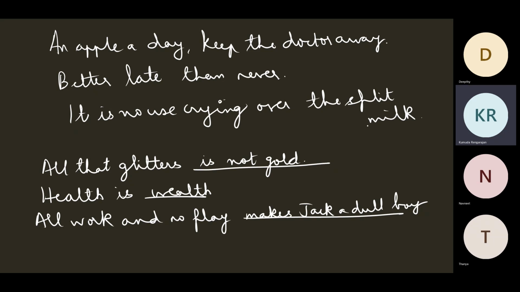It's gone, meaning you've made a mistake. Don't cry over that. Correct yourself. See to it that you don't do the mistake again. There's no point crying over the spilt milk because you cannot undo that mistake now. If you put a pen on the ground, you can lift it.